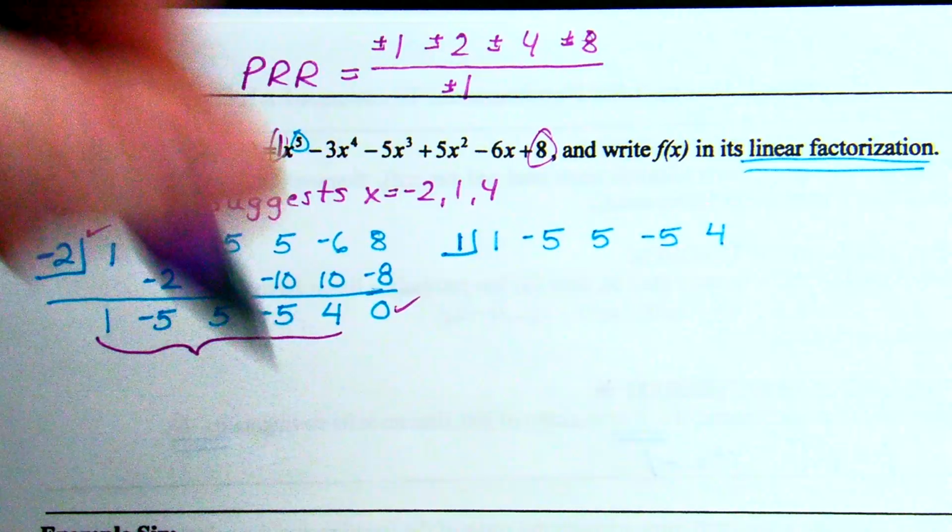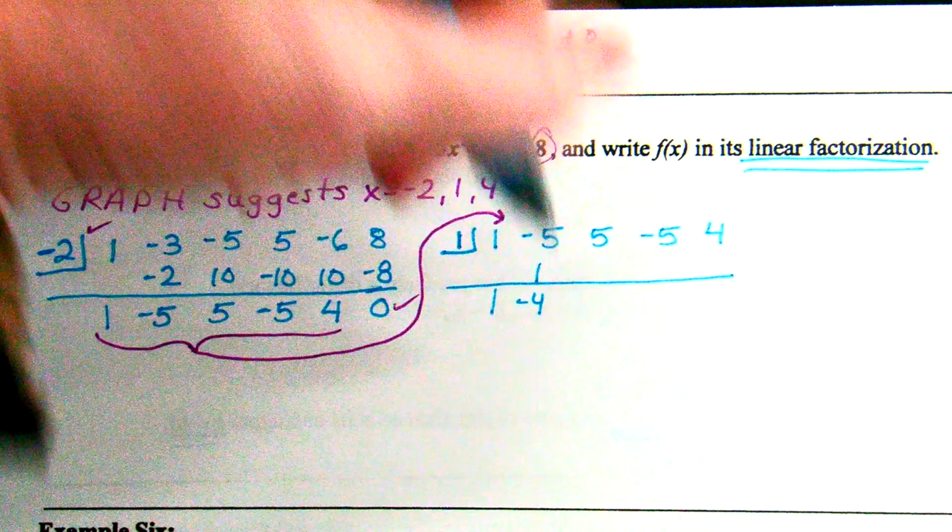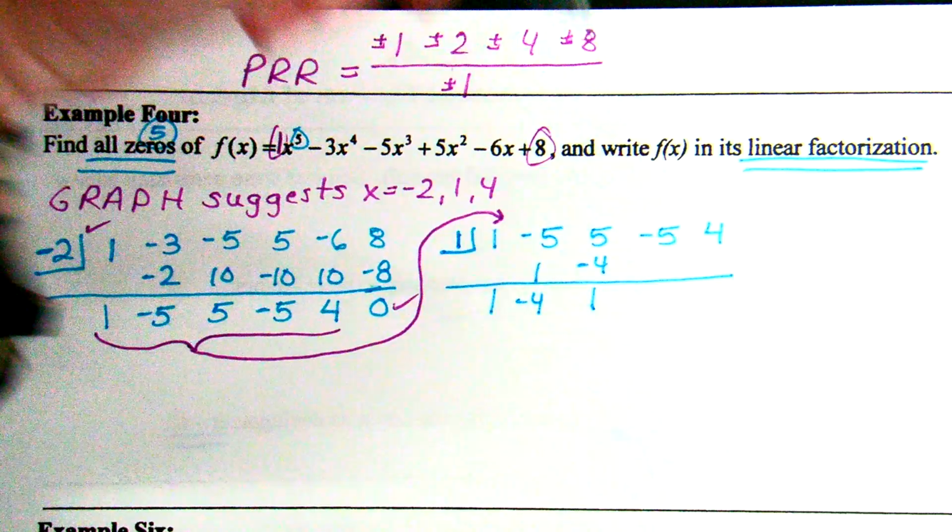Drop the 1 and start your process. 1 times 1 is 1. Add. -4. Multiply. Add. Multiply. Add. Multiply, and add.